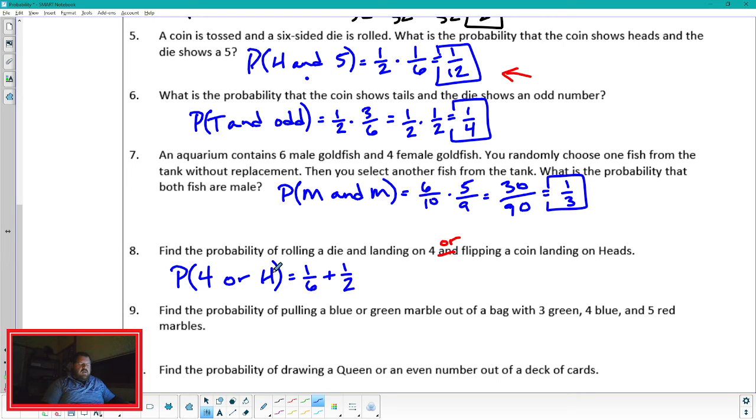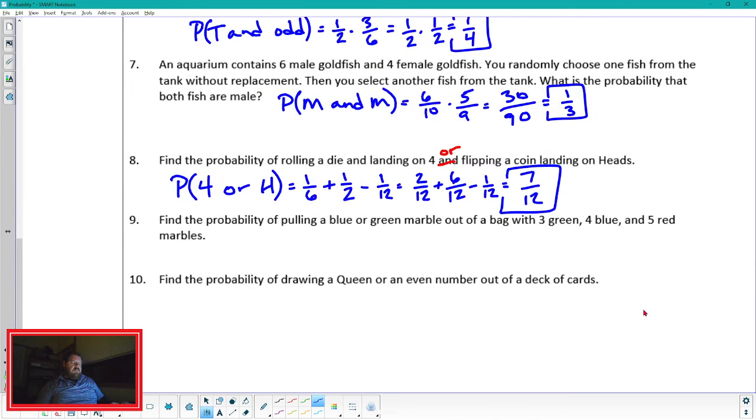And there is only one that has a 4 and a heads. So we're going to subtract 1 out of 12. All right, we need common denominators here. Let's make them 12. So this is 2 out of 12 plus 6 out of 12 minus 1 out of 12. 2 plus 6 is 8, minus 1 is 7, so we get 7 out of 12.